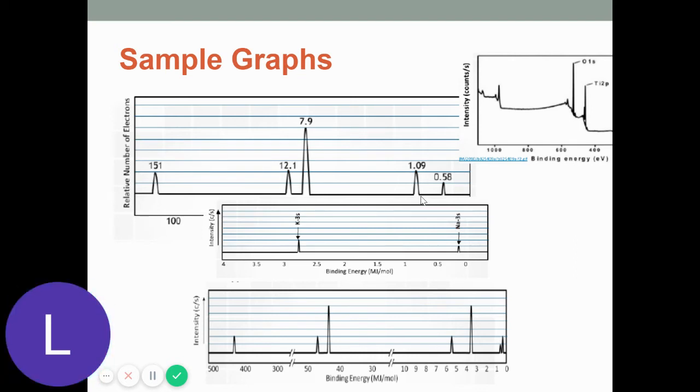In this PES, they're telling you something here. They're saying this is the peak that is made by potassium's 3s electrons. This is the peak that would be made by sodium's 3s electrons. And they might ask you to explain that phenomenon.